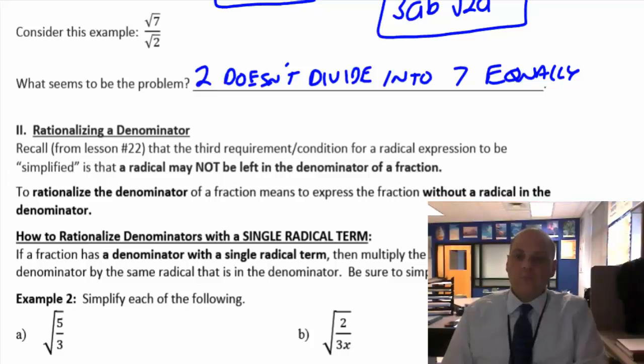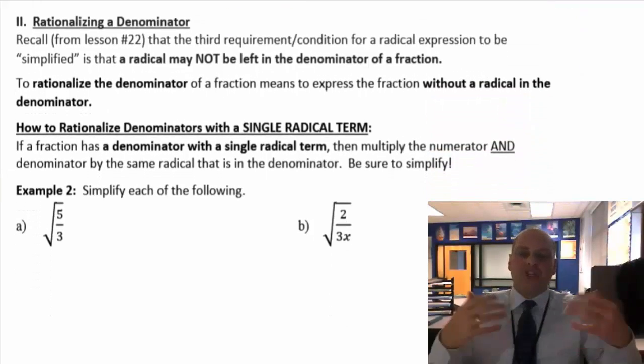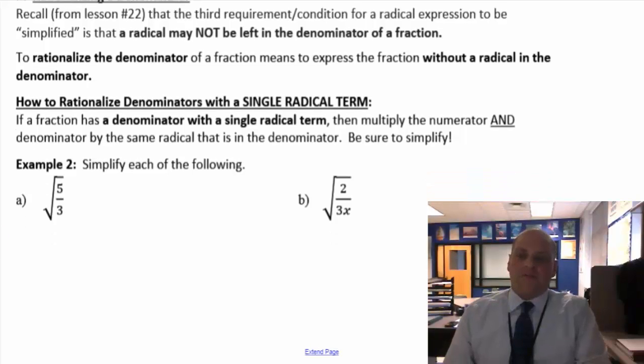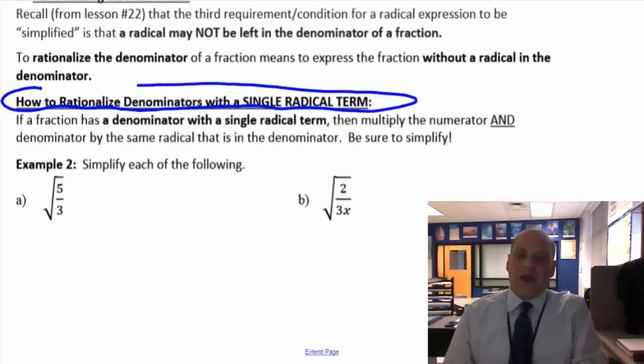Okay? So that's where this rationalizing comes from. How do we handle that? We still have to be able to do it. So this is called rationalizing the denominator, and there's a couple different scenarios. The first scenario is how to rationalize with a single radical term.